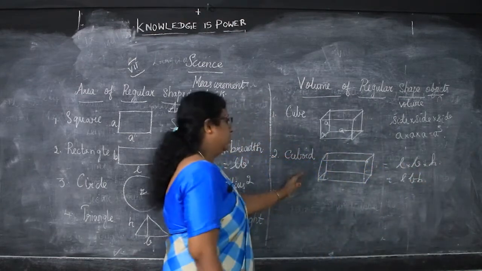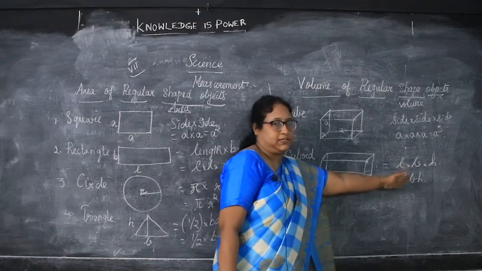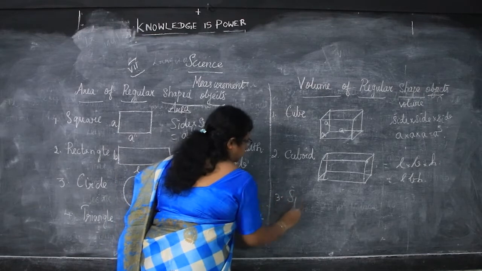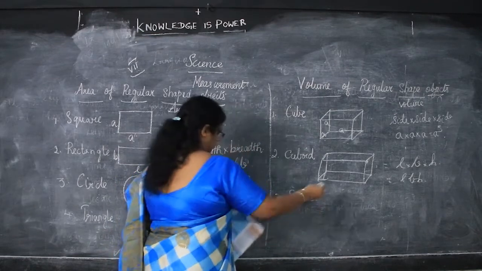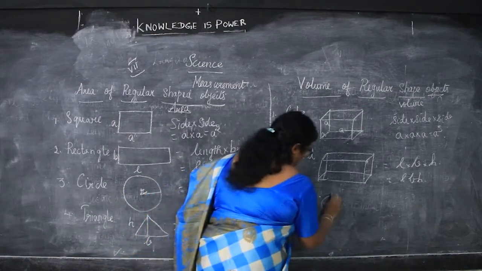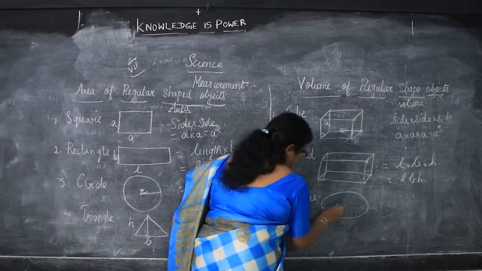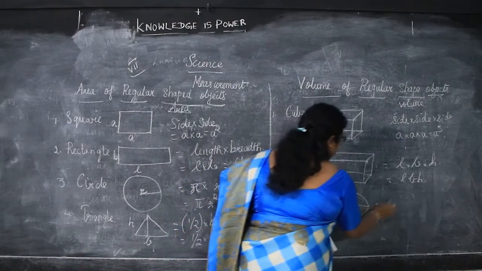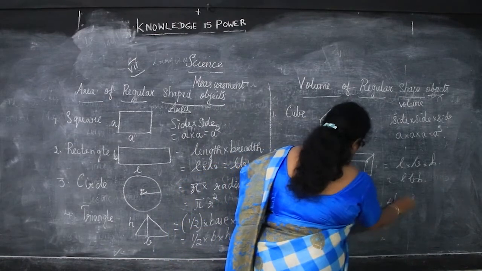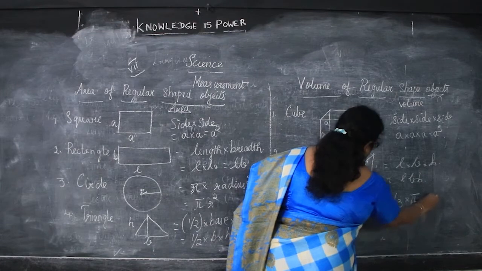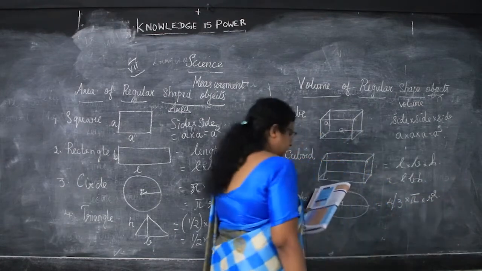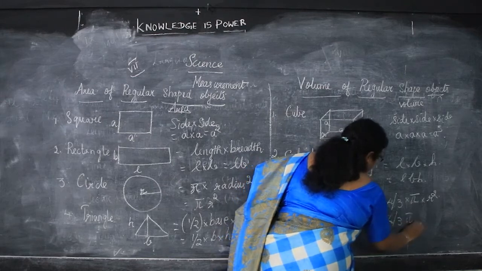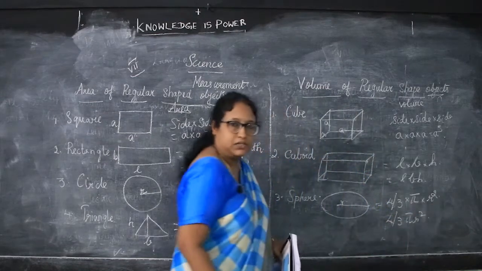So for a cuboid, L into B into H is the unit, that is LBH. Next is sphere. I already said radius for this. So for this the formula is 4 by 3 into pi into radius cubed, that is 4 by 3 pi r cubed.